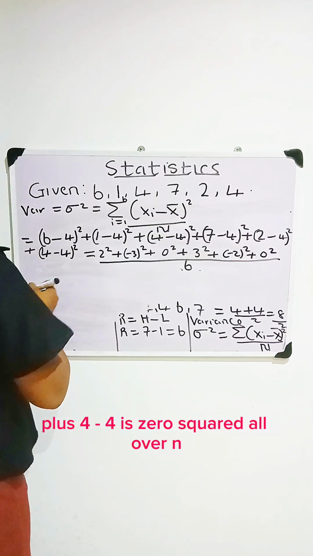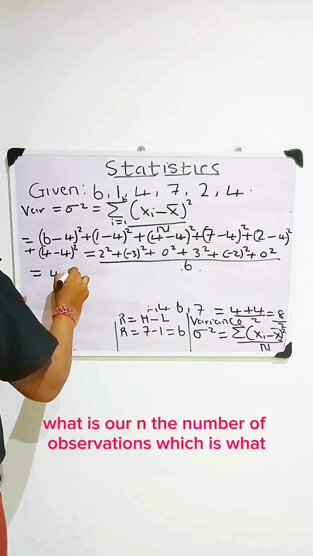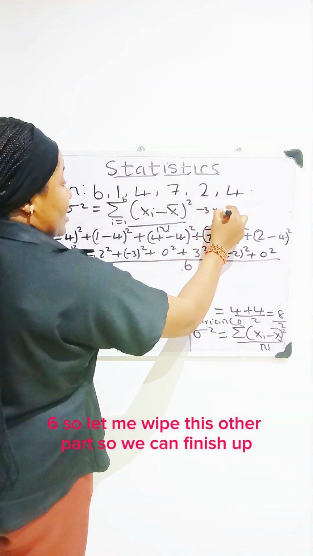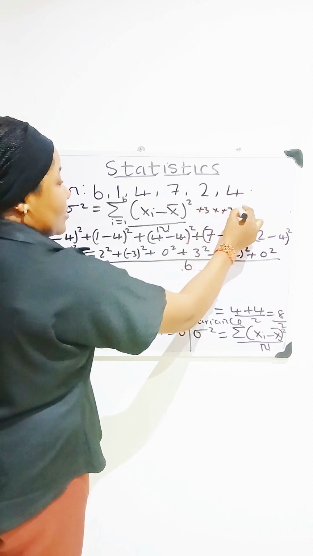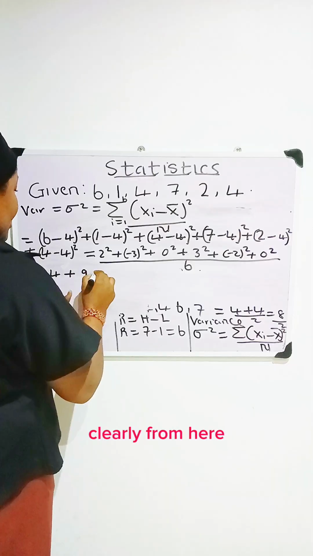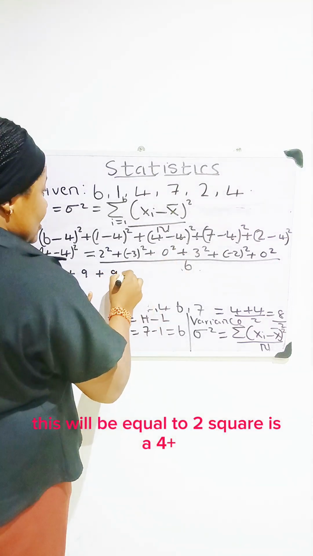So clearly from here, this will be equal to 2 squared is 4, plus minus 3 squared, which is like saying minus 3 times minus 3. Minus 3 will cancel minus 3, and this will be equal to 9. So this is 9, plus 0 squared is 0, and it doesn't mean anything. 3 squared is 9.